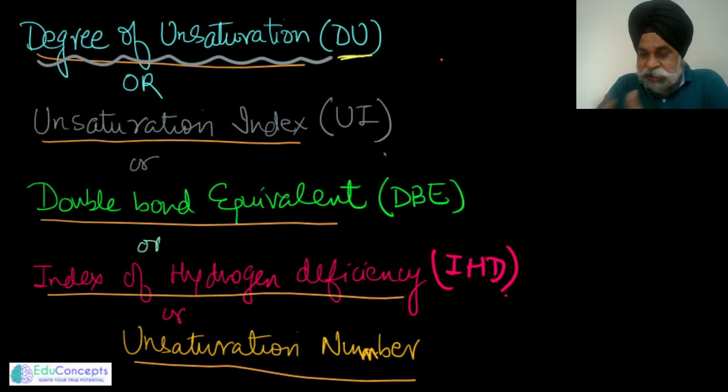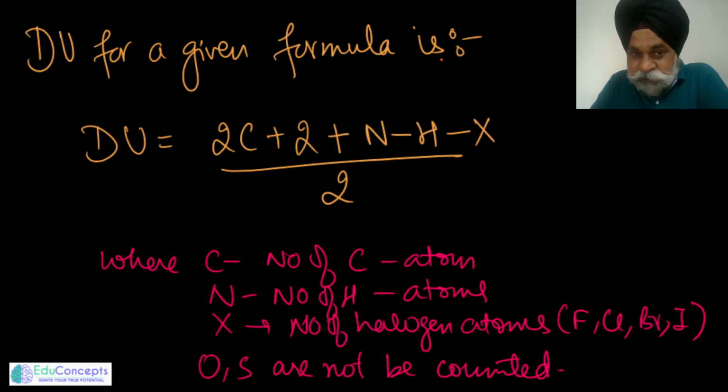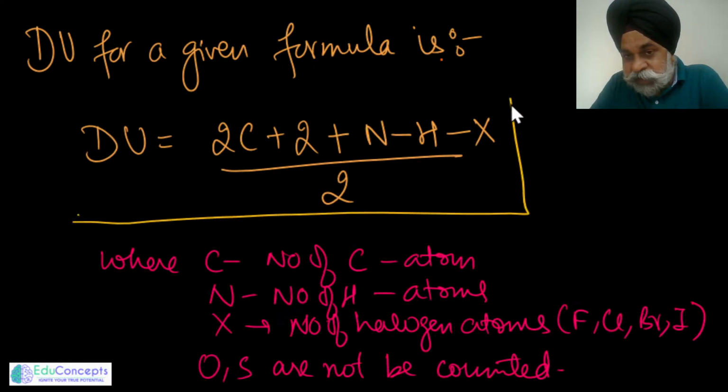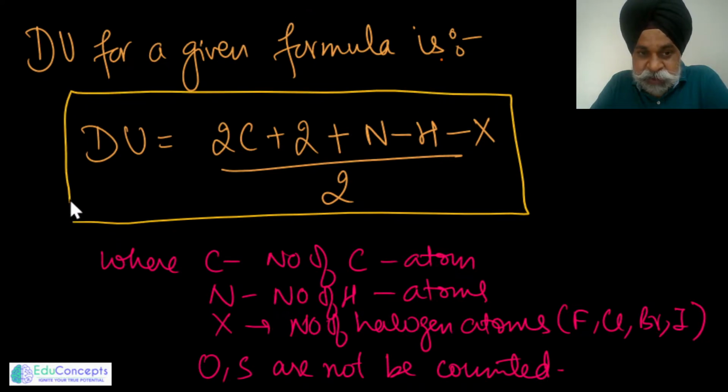Let me directly write the formula for identifying the degree of unsaturation, before we get to what exactly it means, which we will do in a while. If a molecular formula is in front of you, you should always develop the habit of identifying the degree of unsaturation, whether you are in class 10th, 11th or 12th, or have cleared the 12th class, or are a dropper student.